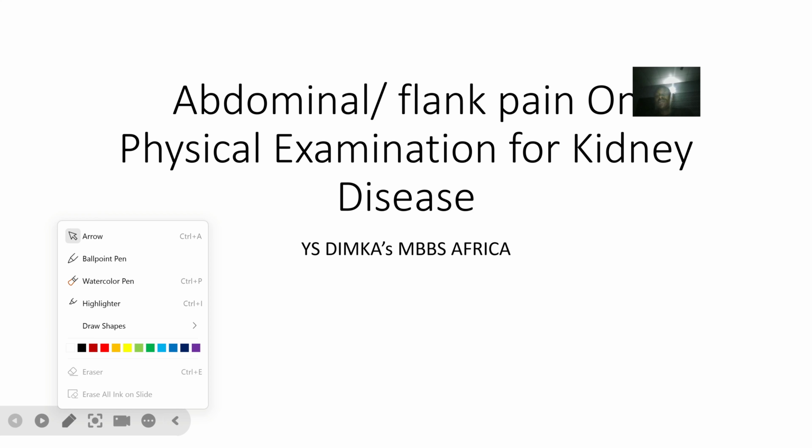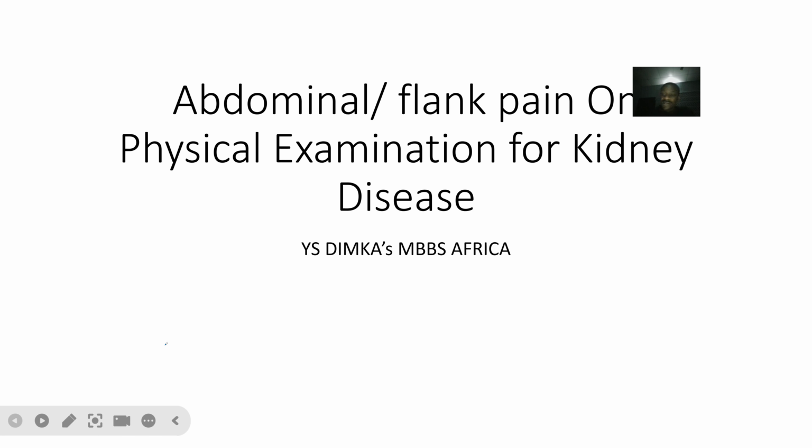So it's always good that you actually examine there. And when you examine there, you try to ballot the kidney, try to palpate. You see that there's always pain. Okay, so that's one of the signs that you can use to confirm that there's a kidney disease.